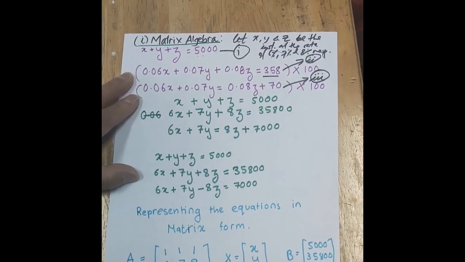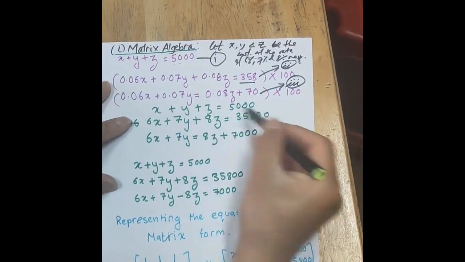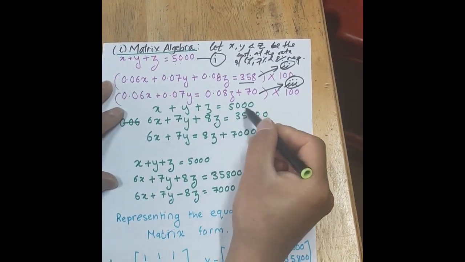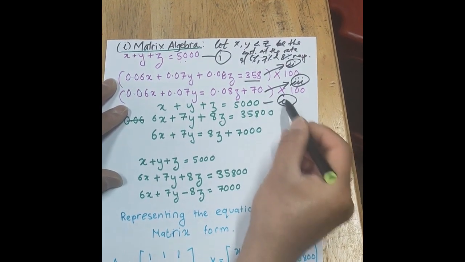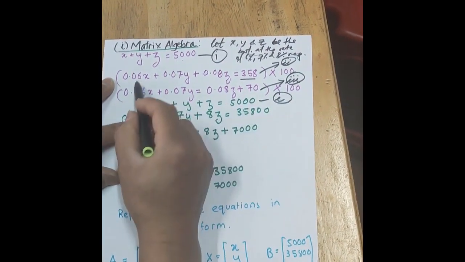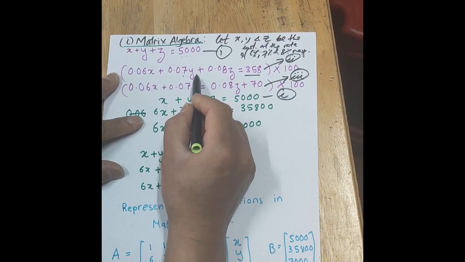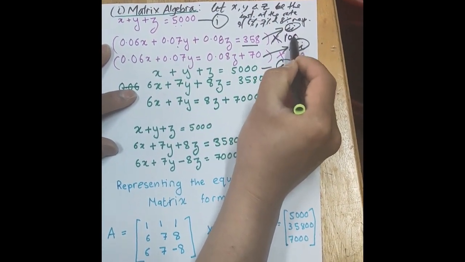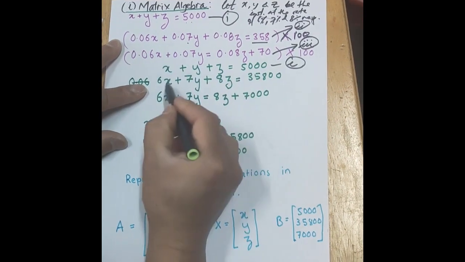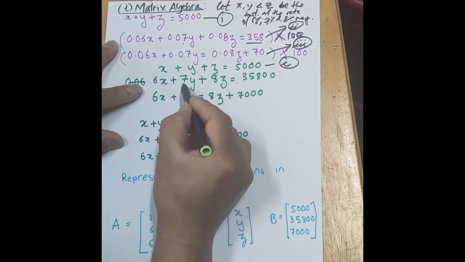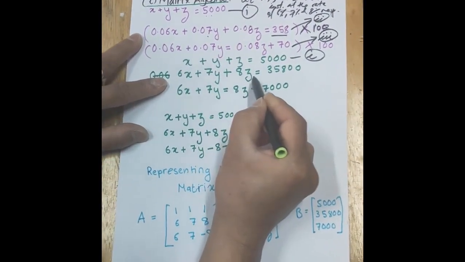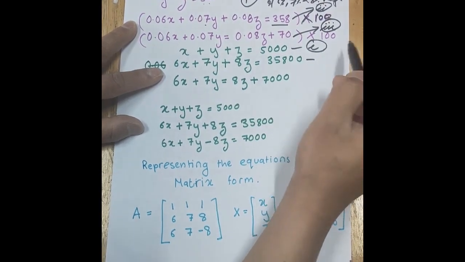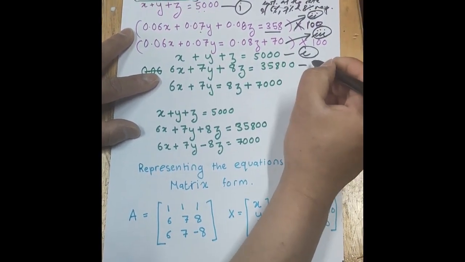Okay, so the first equation you can keep as it is. To simplify our second equation, to remove the decimal point, you can multiply by 100. If you multiply the second equation by 100, you will get 6x plus 7y plus 8z equals 35,800.